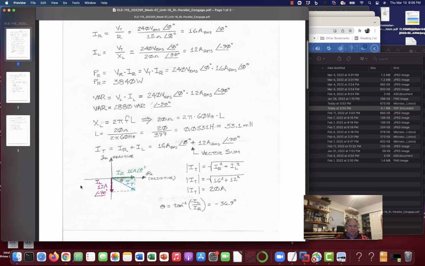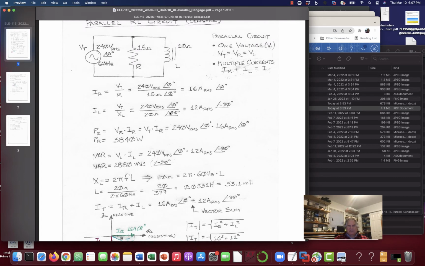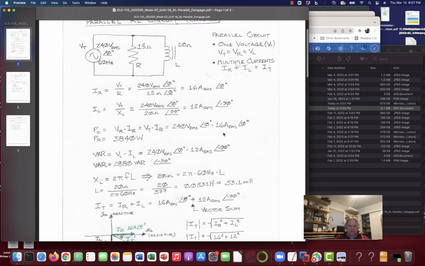Now, we know that I total is equal to the current through the resistor plus the current through the inductor. If we add these together, it's going to have to be a vector sum because they're at different angles. The current through the inductor is at minus 90 degrees, because we divided 0 by positive 90, which gave us negative 90.